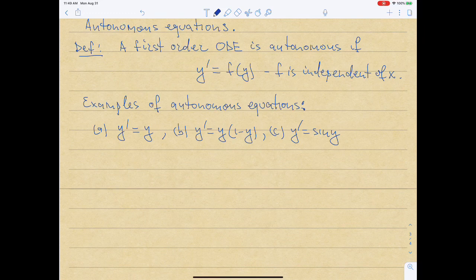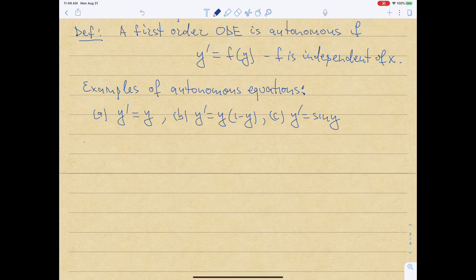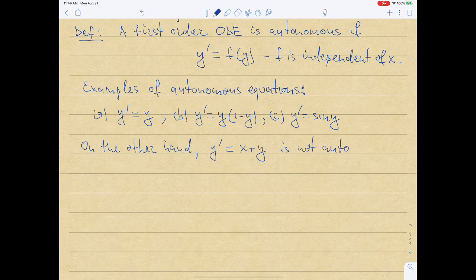Those are all autonomous. And on the other hand, if I have y prime equal to x plus y, the right-hand side explicitly depends on x, this guy is not autonomous.